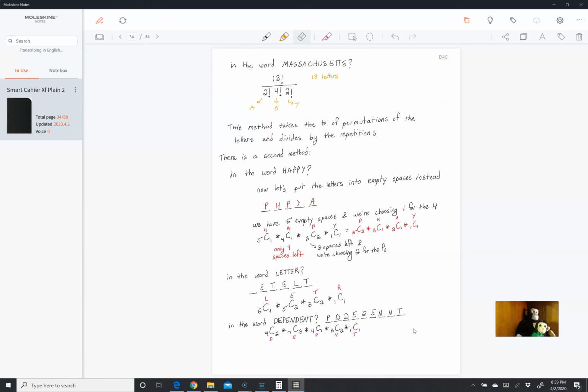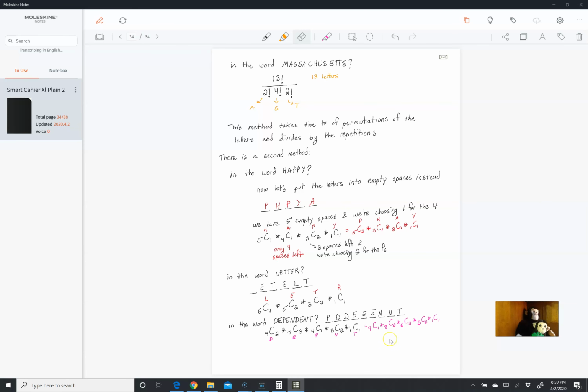So this is the same as 9C1 times 8C2 times 6C3 times, this is if we did the P first, there's one P. Then we did the D, there are two Ds. 3C2 and 1C1.